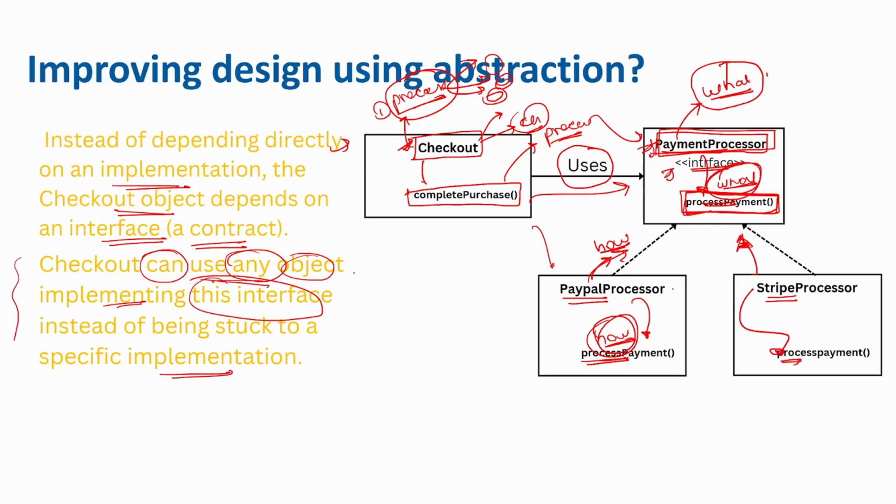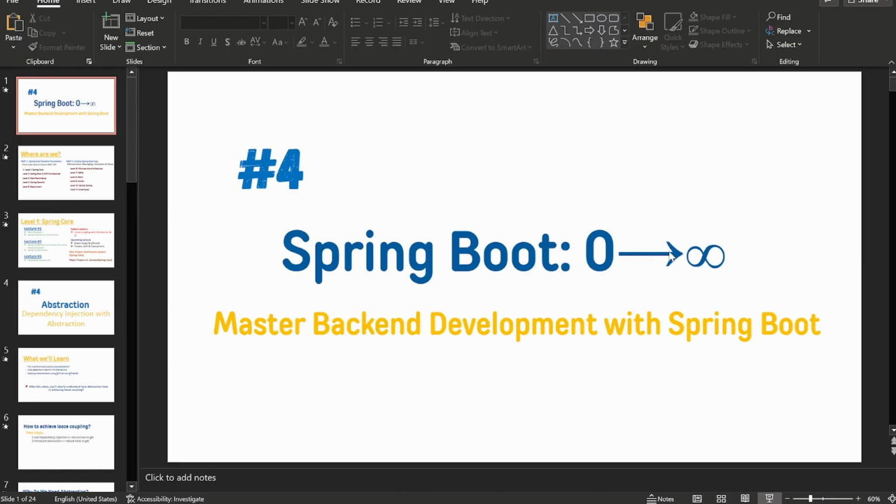Earlier, the Checkout class directly defined both what and how, but with the help of the interface it only defines what needs to be done, like processPayment. Then how is specified by the different classes that implement this interface. So let's code it and see the real difference.